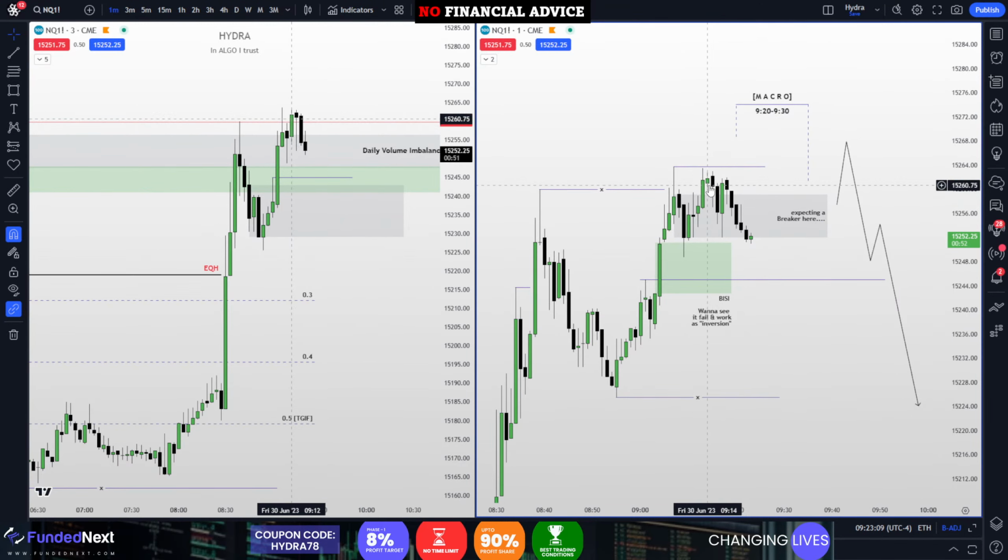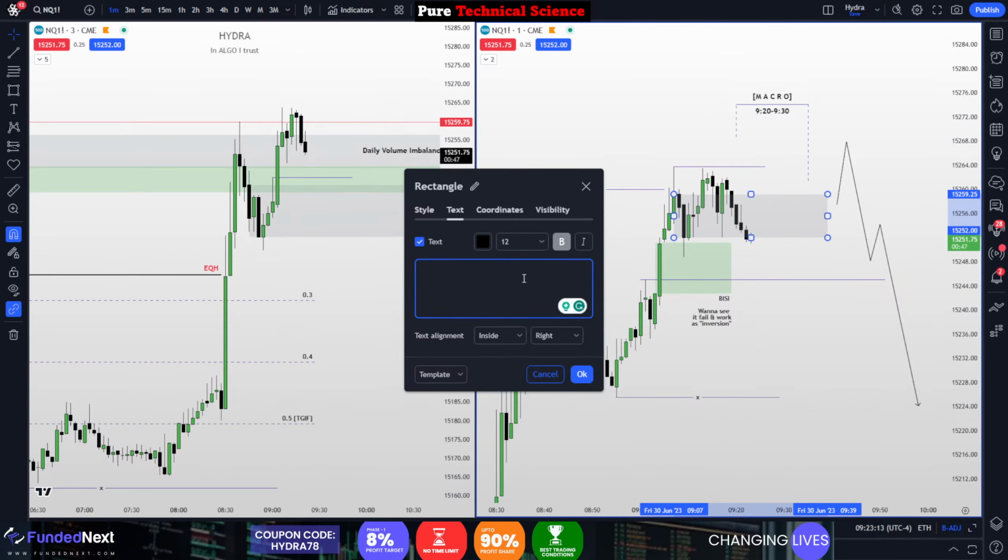So it's more of a mitigation block right now rather than a breaker block, so I'll mark it as a mitigation.